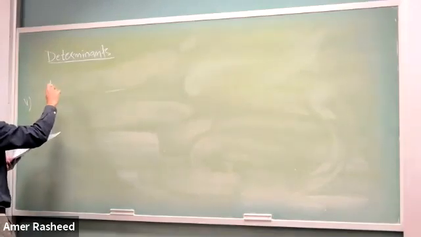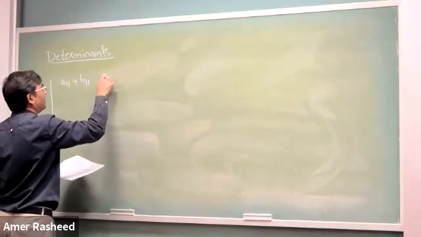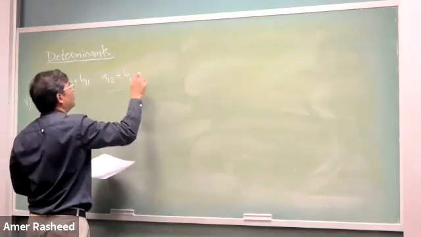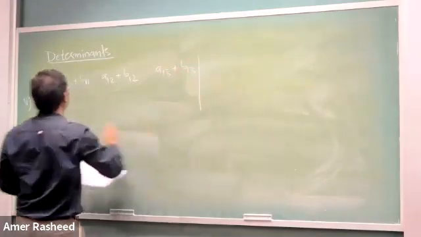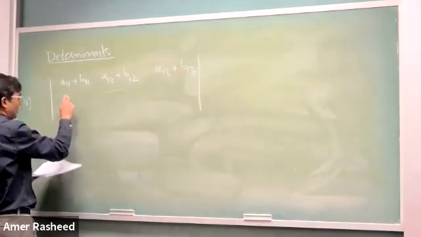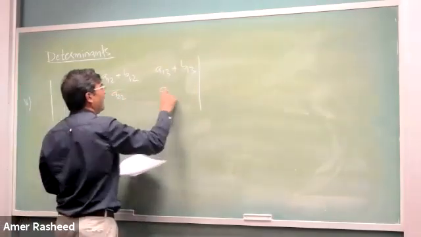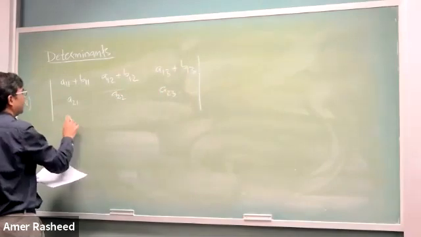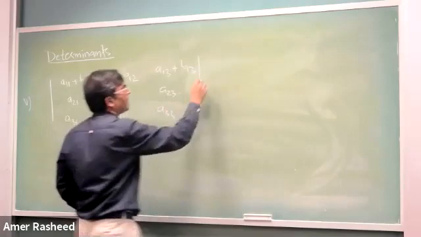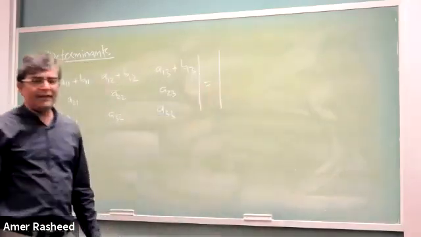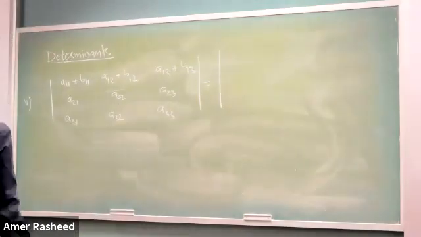If you have A11 plus B11, A12 plus B12, A13 plus B13, then here you have A21, A22, A23, A31, A32, and A33. So in the first row, you have the sum of two values in this determinant.